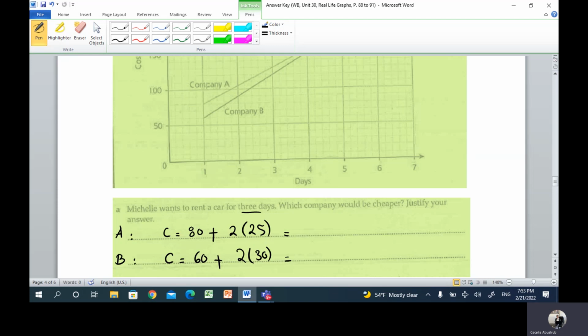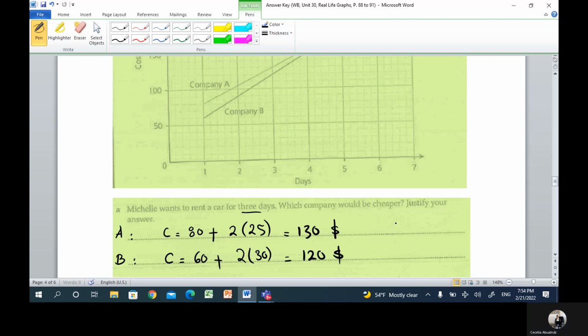So the answer will be 80 plus 2 times 25, it will be $130. And 60 plus 2 times 30, it will be $120.